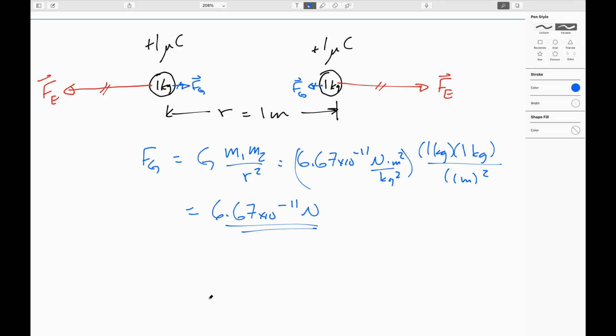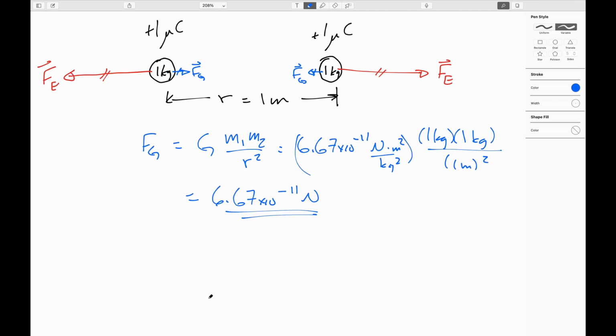Now let's do our microcoulombs of charge, which, a microcoulomb is a decent sized charge, but still, this would be K Q1 Q2 over r squared.